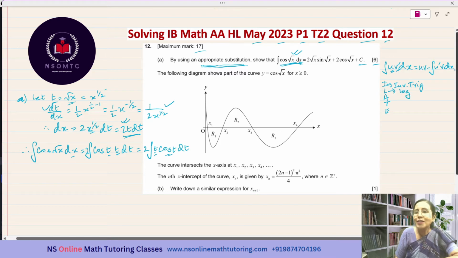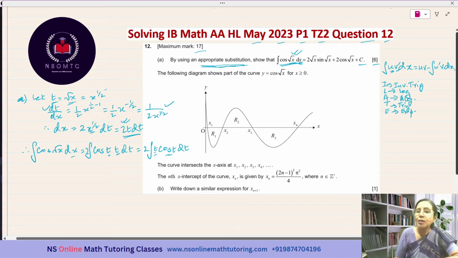In case there is even a single student who doesn't know this and is watching this video, I'm writing these things for that student, okay? So E is the algebraic function, L is the logarithmic function, E is the algebraic function, T is the trigonometric function, and E is the exponential function, okay?